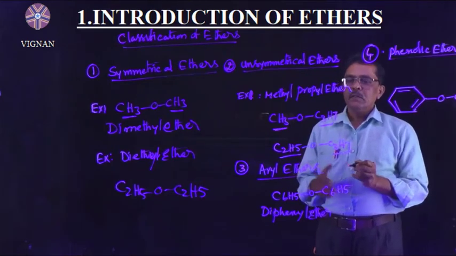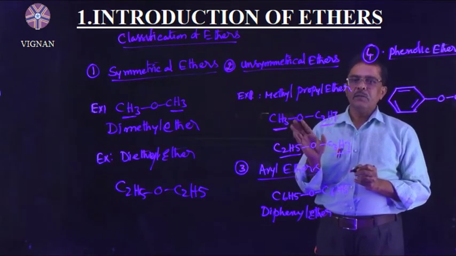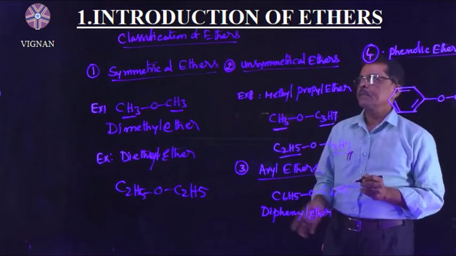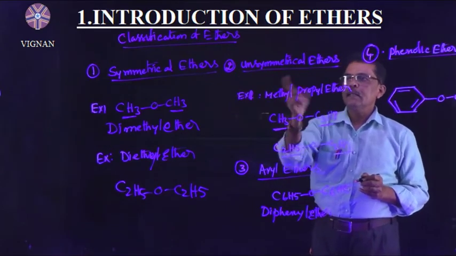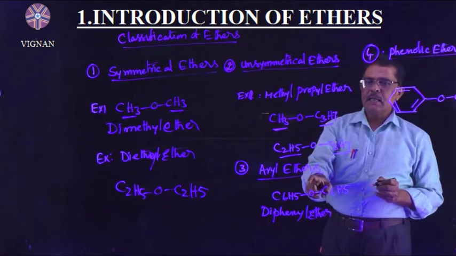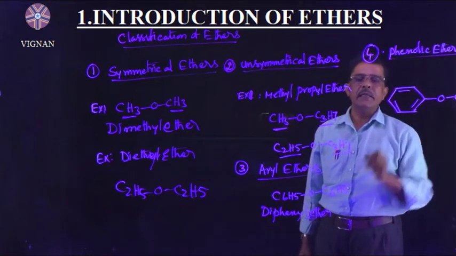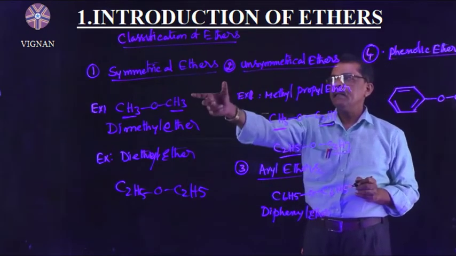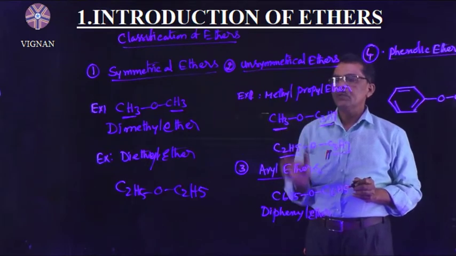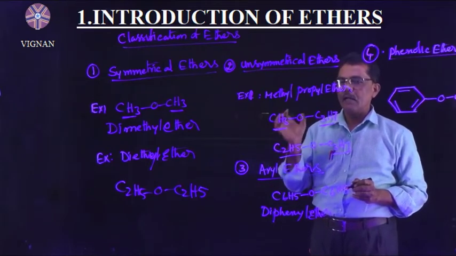So ethers are classified into how many types? Four types: symmetrical ethers, unsymmetrical ethers, aryl ethers, and phenolic ethers. In the symmetrical ethers, both alkyl groups are the same or identical.